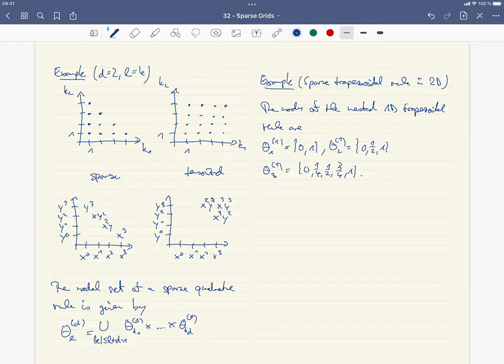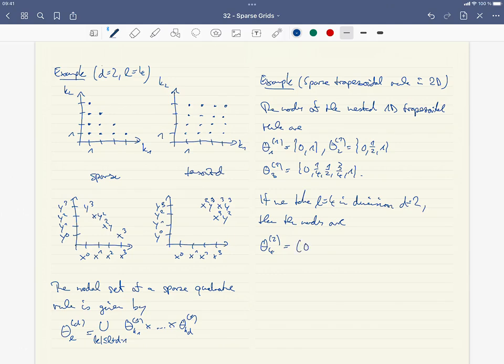Okay, and well, if we keep in our notation the same thing as before, L equals 4 in dimension D equals 2, then the nodes are theta 4, so that's L in 2 dimensions.